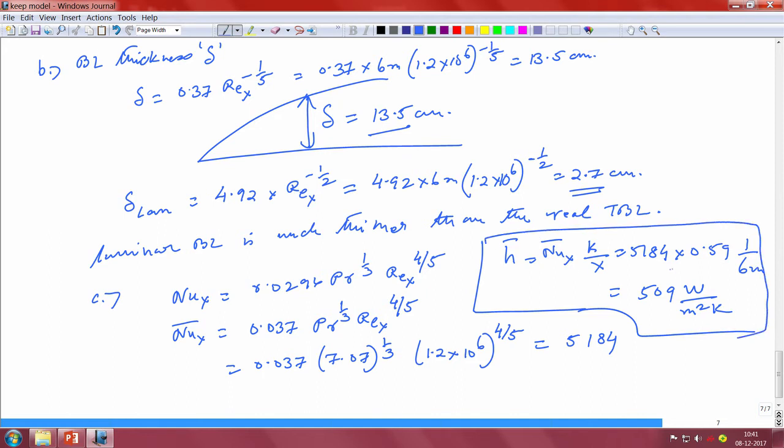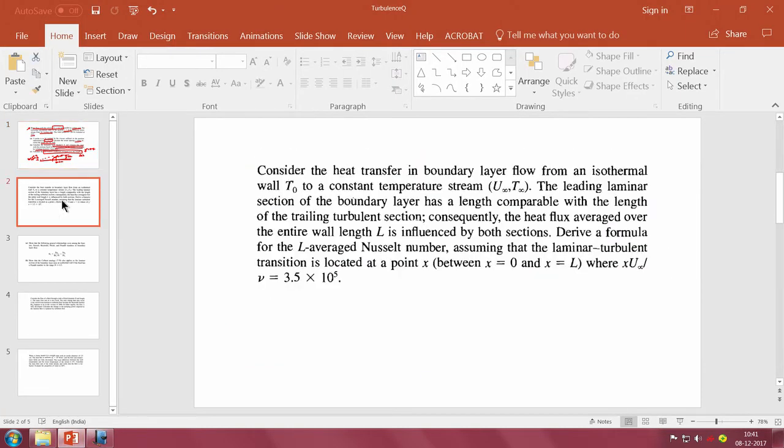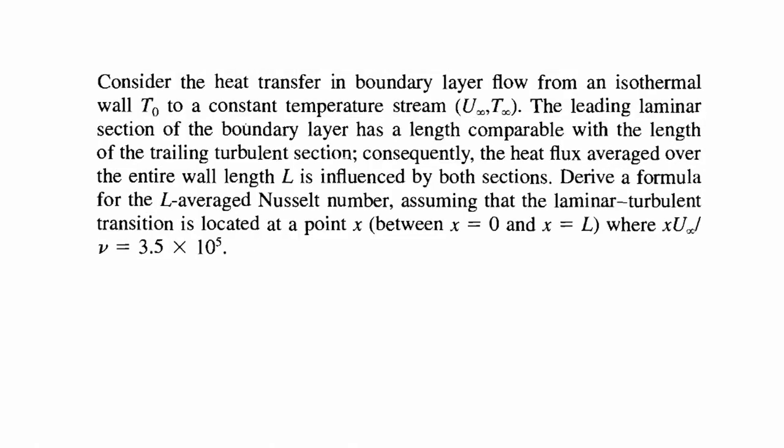So that is what you get from your relation. So this completes the first problem, which shows how to use relations that we established earlier, and now we are able to use them for solving a real problem.